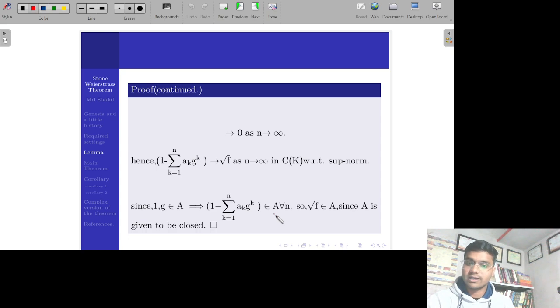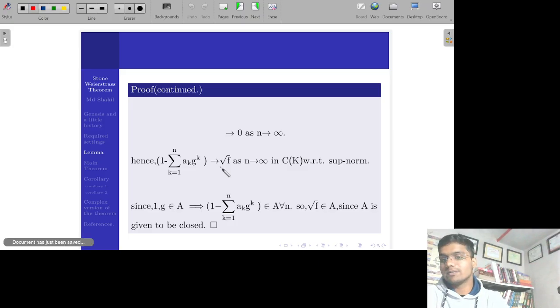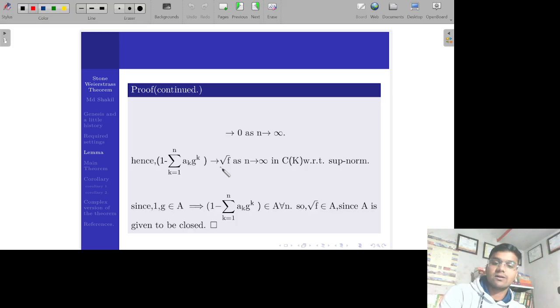Whenever we multiply two elements of A and add them, they fall in A itself. So this whole sequence of elements of A has the square root of f as its limit, and A is already given to be closed.